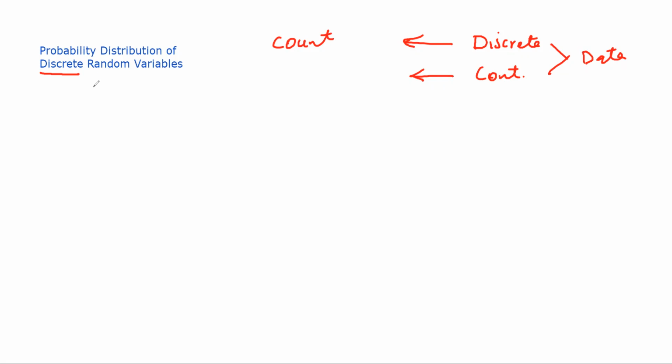Now, if it's clear what is the difference between discrete and continuous, then can I move on to the probability distribution? Is it clear now? Yes, sir. Okay.